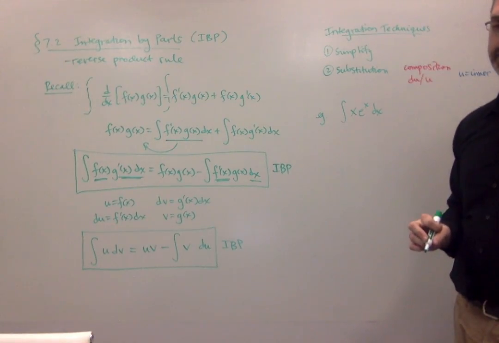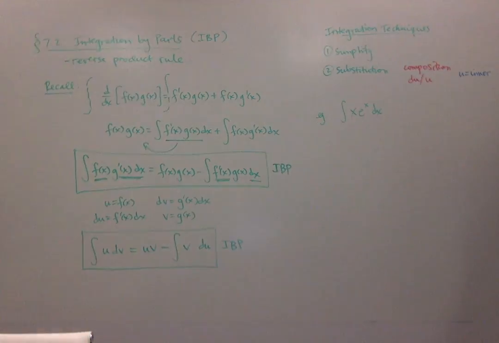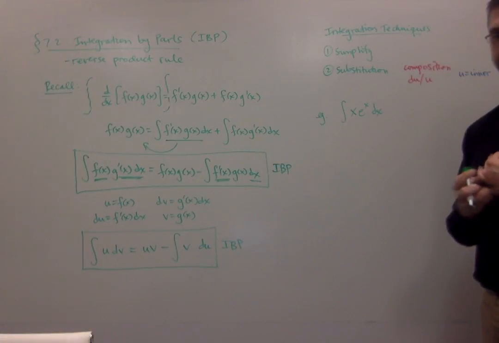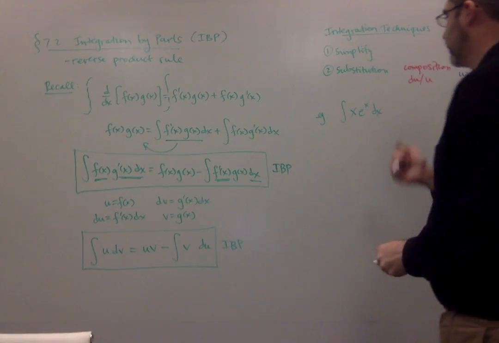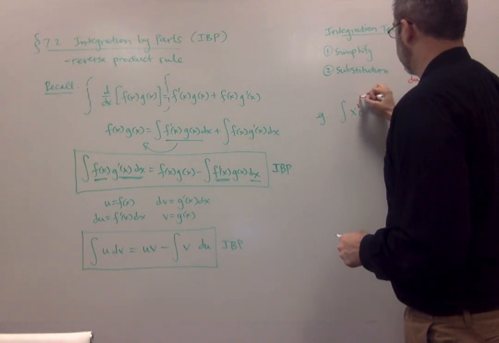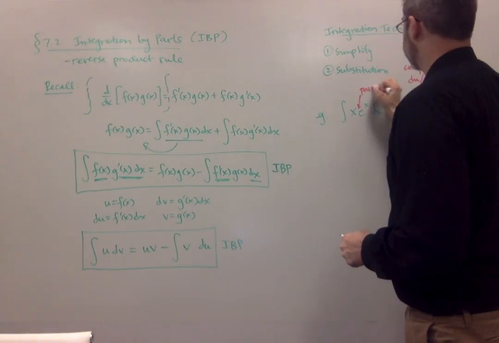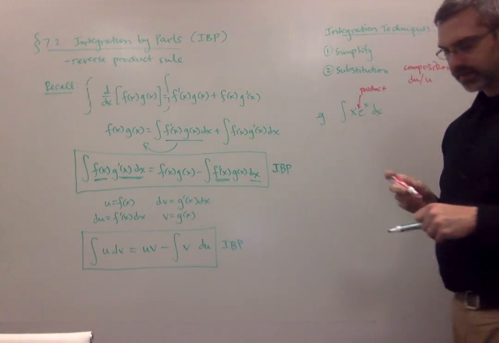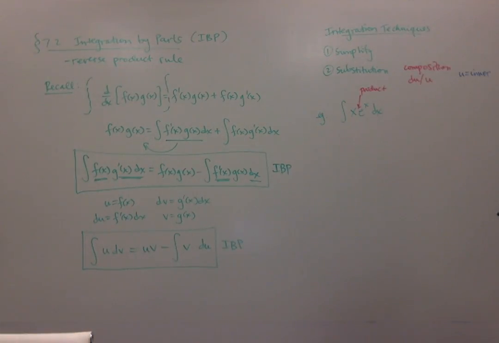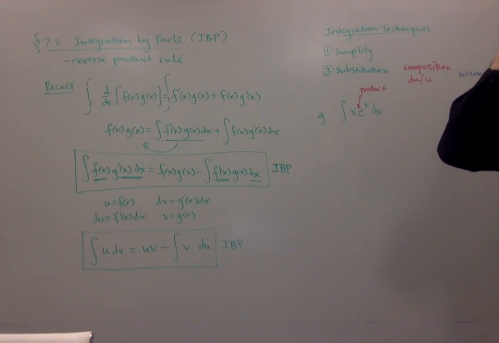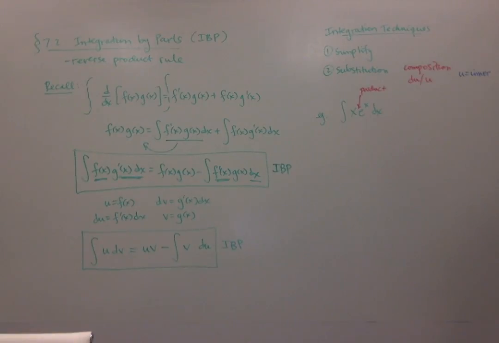Okay, the integral of x e to the x dx. Now I want you to notice one thing here. First of all, I have a product. That is a key thing here that tells me I need to do integration by parts. When you see products, many, many times you're going to end up doing integration by parts.